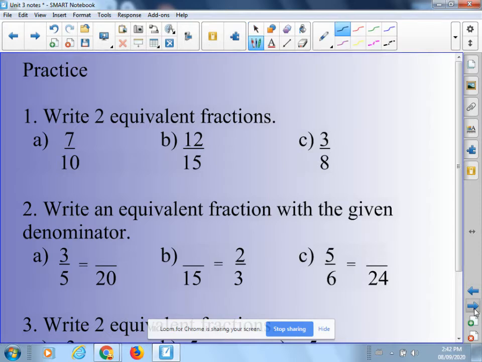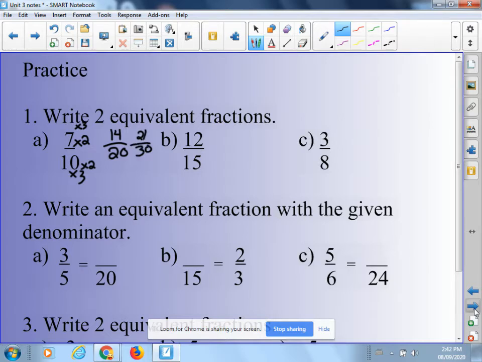So equivalent to 7 out of 10. If I just multiply both of them by 2, I could say that is 14 out of 20, which is an equivalent fraction. I could multiply them both by 3, which would give me 21 out of 30.